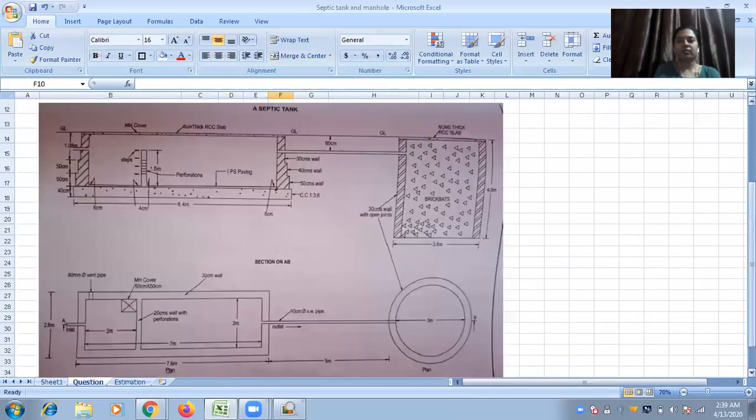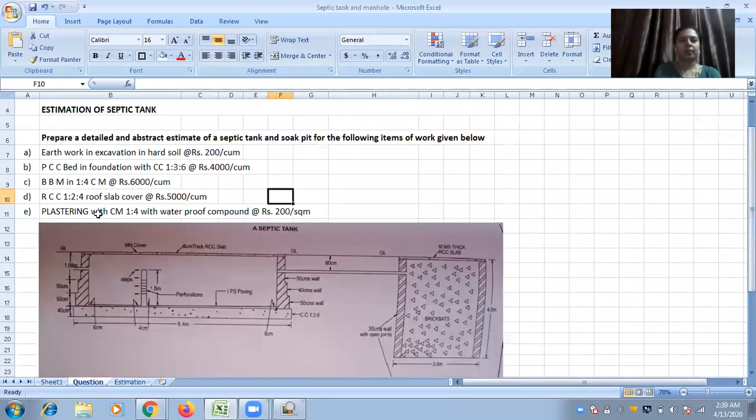Next question is plastering with cement mortar 1:4 with waterproof compound at rupees 200 per square meter. You have to observe per square meter. That means you have to give only the area for this plastering work.